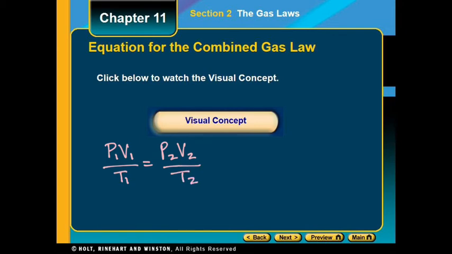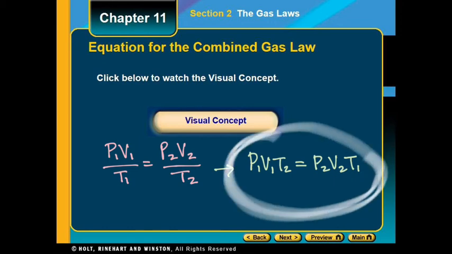And if we rearrange that and get our temperatures back into the numerator, then we have P1 V1 T2 equals P2 V2 T1. That right there is the main combined gas law equation that I would want you definitely to be familiar with.